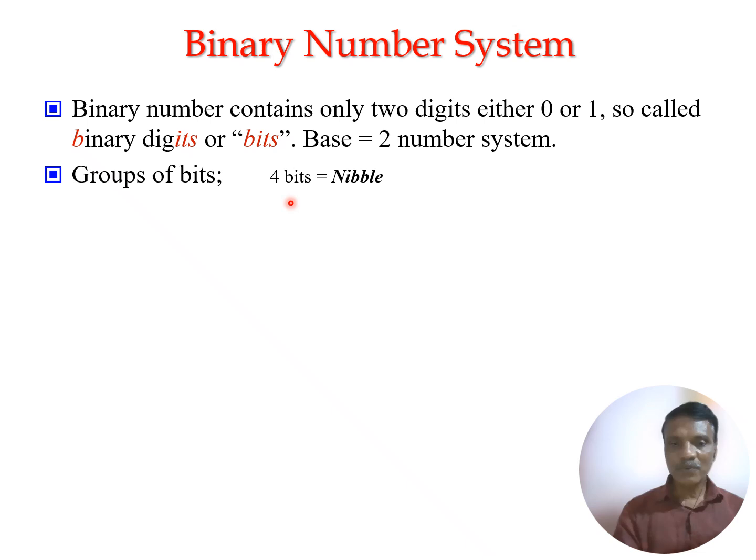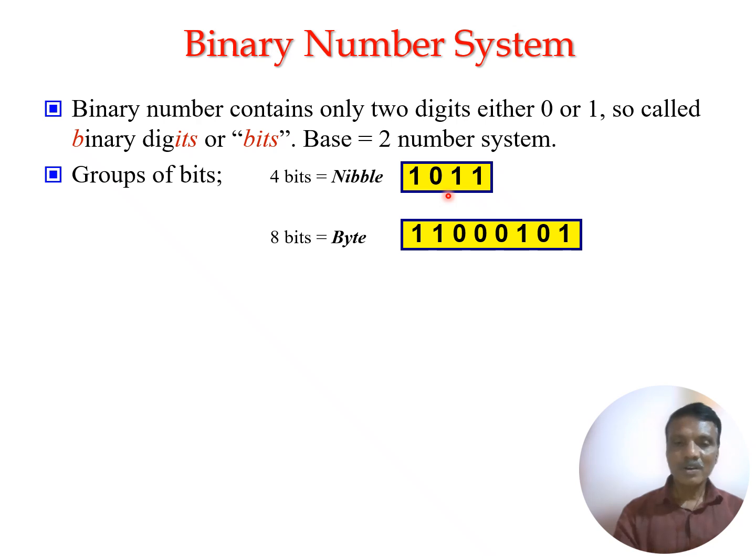A group of 4 bits, that is 4 binary numbers, is called a nibble, like 1 0 1 1. A group of 8 binary numbers is called a byte.